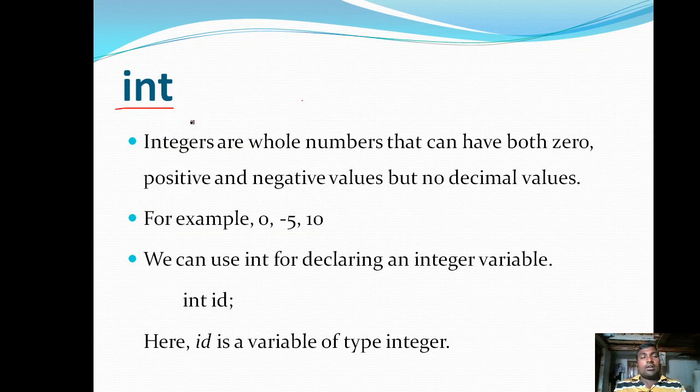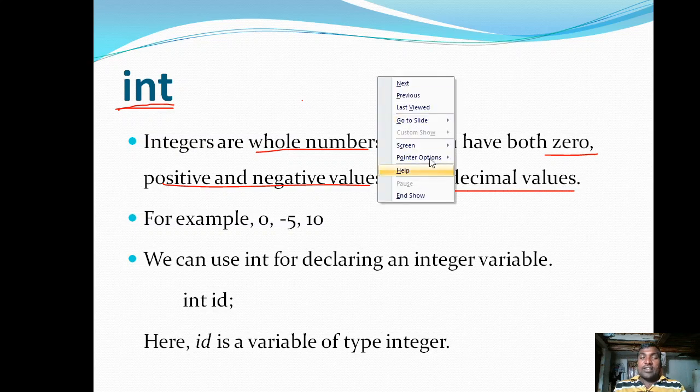One of the main data types that we handle in C programming is the int data type. Int means integers. Integers are whole numbers that can be 0, positive or negative, but have no decimal values.